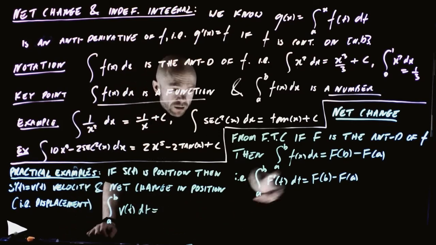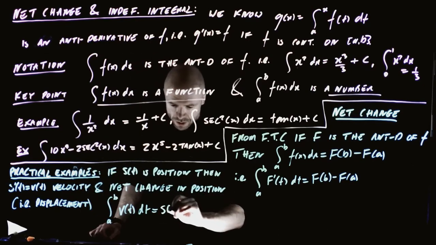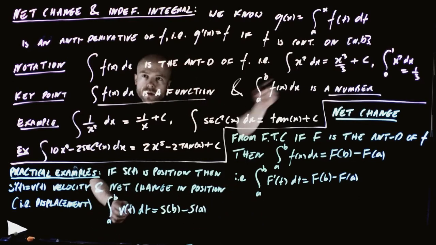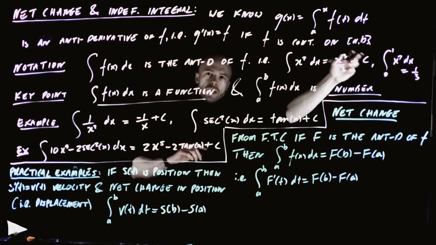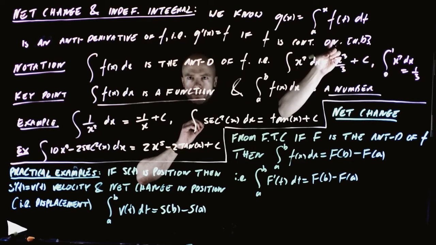By this theorem, since velocity is s prime, this is s of b minus s of a. In other words, wherever we are at b minus wherever we are at a, that's the displacement, that's how far we've gone.